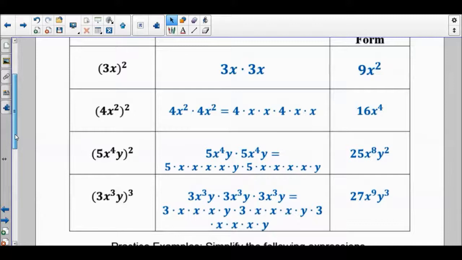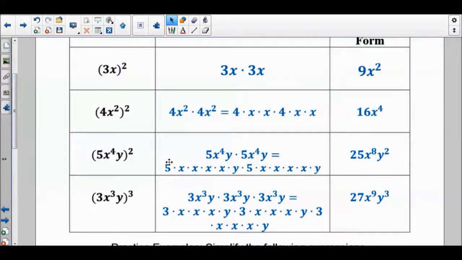So you may have noticed that this was pretty similar to the last one. Okay, so we don't have to write out all this repeated multiplication. We can just think about distributing that power to everything inside. So instead of writing 3x times 3x, you can think of this 2 as going to the 3 and going to the x.